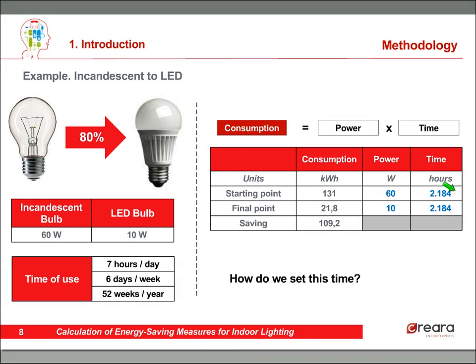In the final point, we have the same time but a different power, 10 watts. So the energy consumption first is 60 times 2,184, here, 131 kilowatt hours. Beware of the k because we're talking about watt hours. So when in energy we say kilowatt hours, there is a 1,000 there. Okay, and the final point we have 21.8 kilowatt hours.